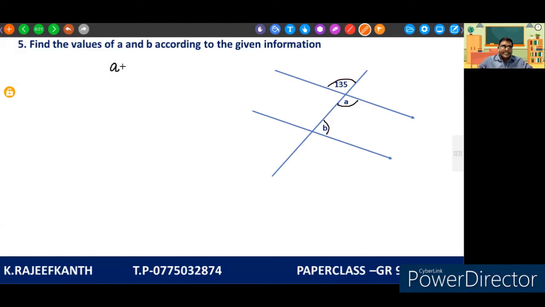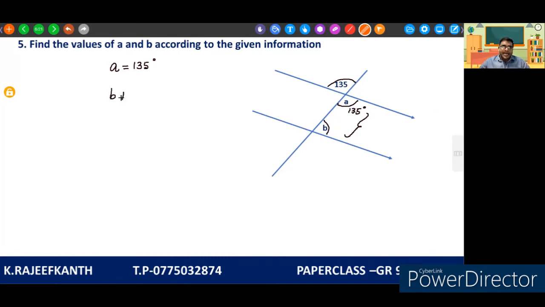Then A is equal to 135 because those two angles are vertically opposite angles. So now we know the value of A, that is 135. And here these two lines are parallel, no? So these two angles are allied angles. So we know that the sum of allied angles is 180 degrees.